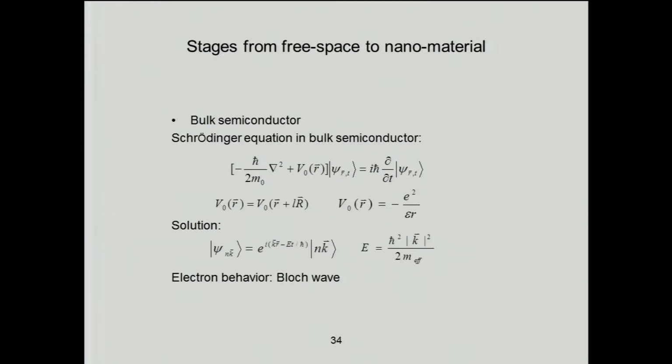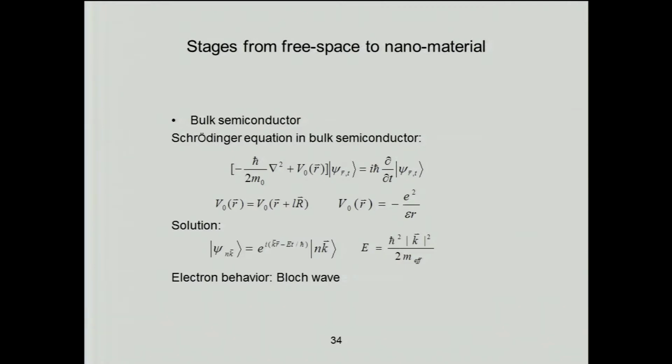This is what happens for semiconductors. For semiconductors, again we solve this, and the extra energy gives rise to what we call the band structure.